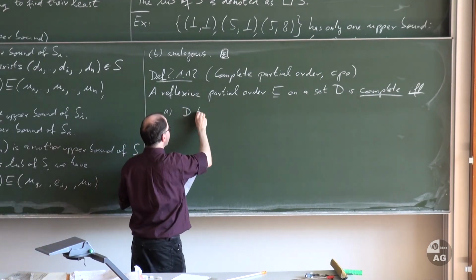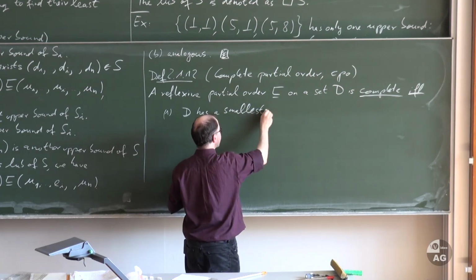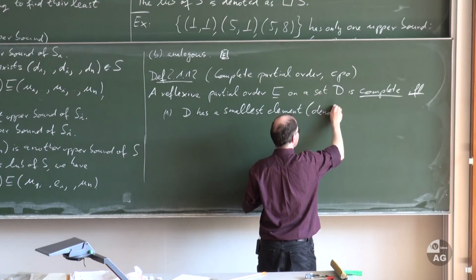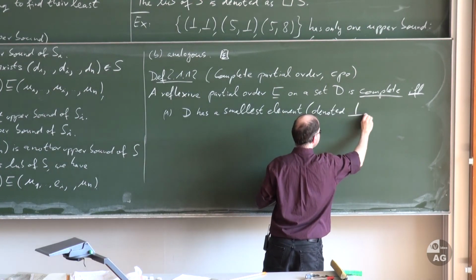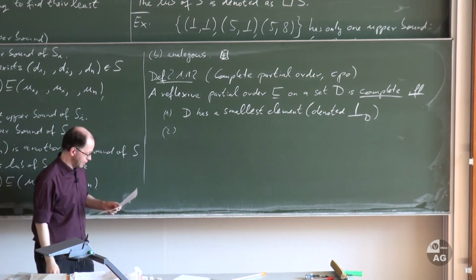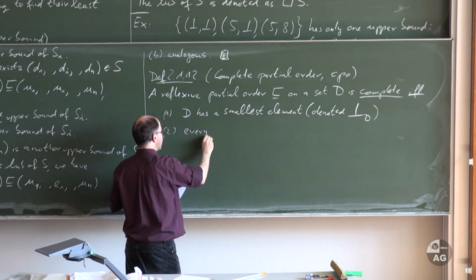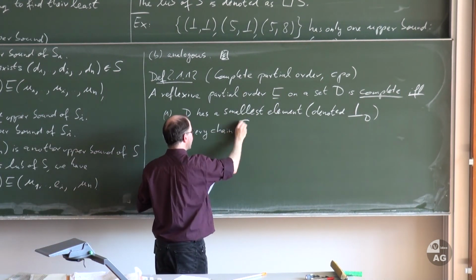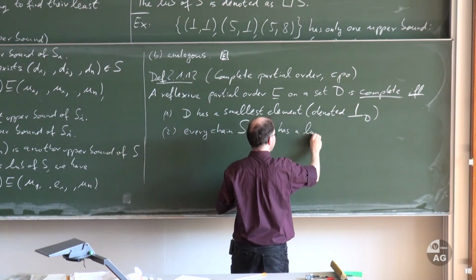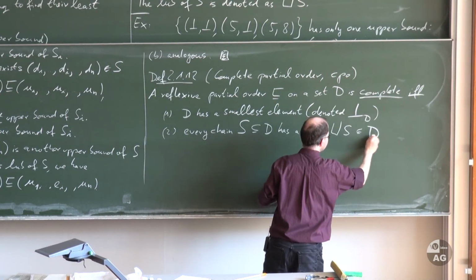So D has a smallest element, which we typically denote by bottom D. And the second property is that every chain indeed has a least upper bound. Every chain S in D has a least upper bound, which is also an element of D.